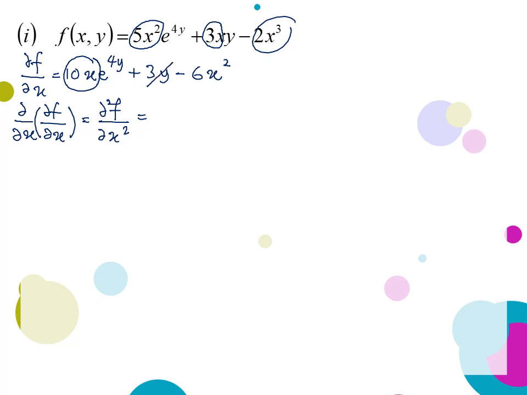So you don't have x here, so this will be constant later. And you have x here. So differentiate 10x, you will get just 10 exponent 4y. This term will become 0. This will become minus 12x. Okay, so this is the second order of the same variable x.